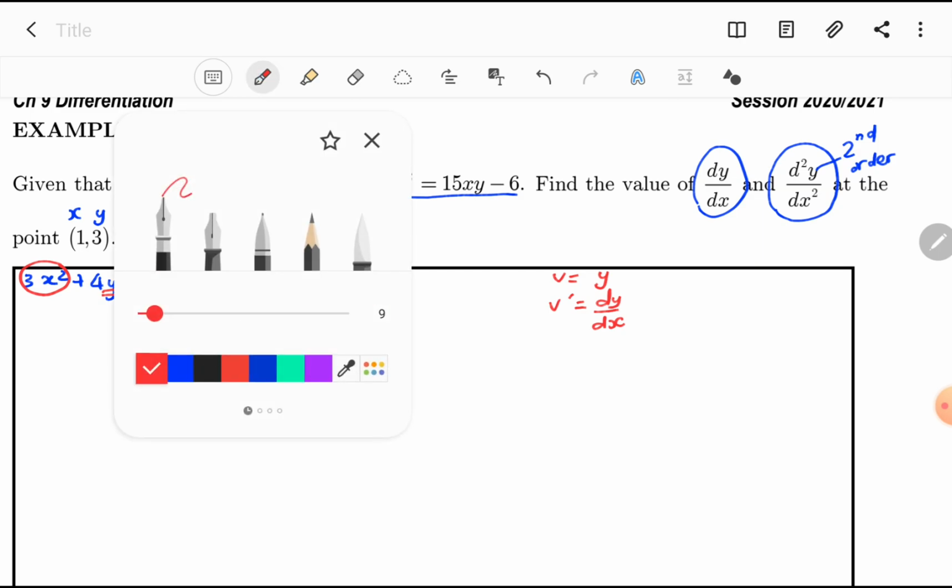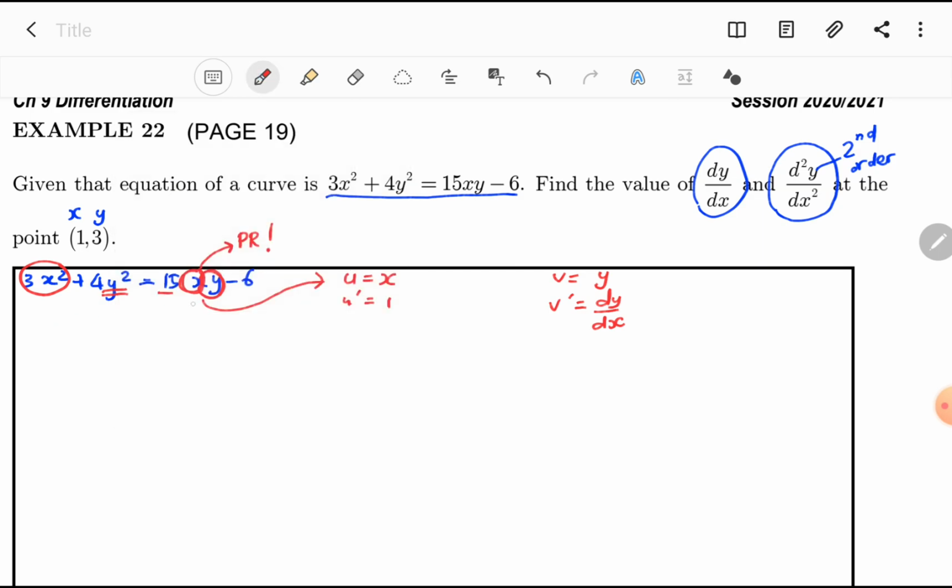So now we differentiate all the terms. We have 6x plus, bring the power down, 8y to the power of 1, and then differentiate y, we will get dy dx, equals 15, the coefficient. Next, use the product rule formula.